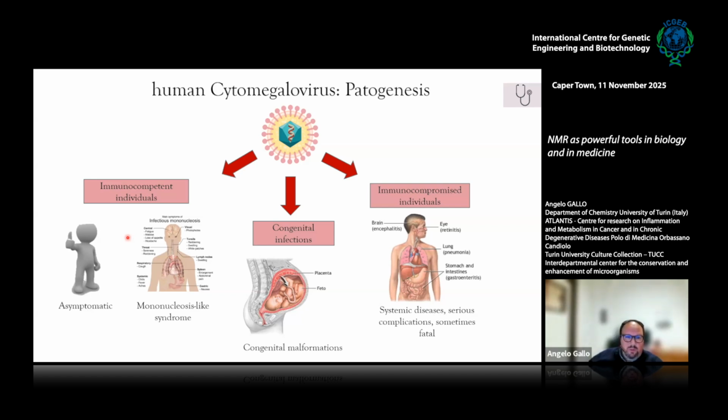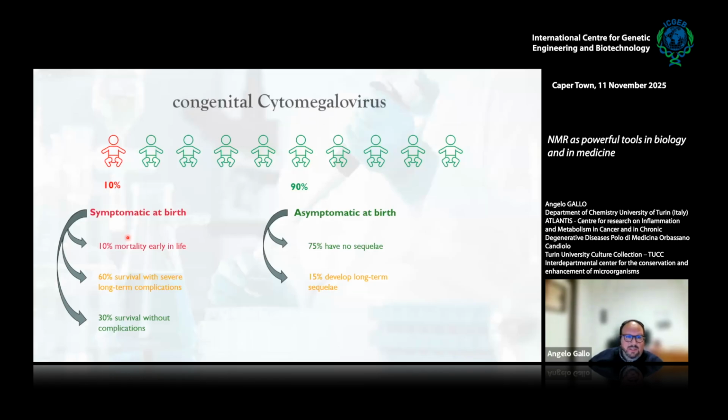But we focus most of our work on congenital infection. This congenital infection is a huge problem because it has been reported that 10% of babies are symptomatic at birth, while 90% are completely asymptomatic.